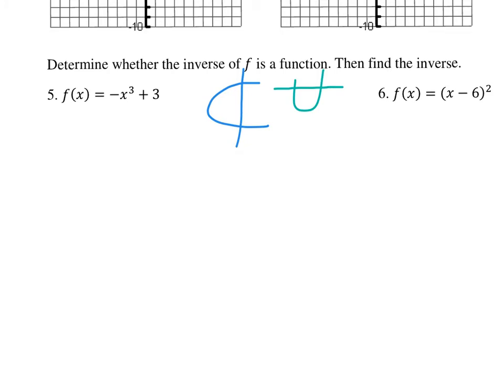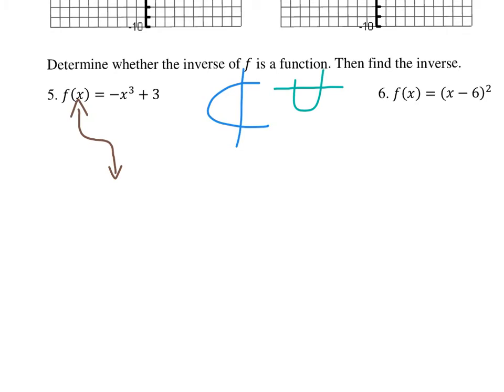Looking here at number 5, our highest power is x to the third. Our leading coefficient is a negative. If you recall, we have negative x to the third power. Our general shape of this is going to be our disco dancer.